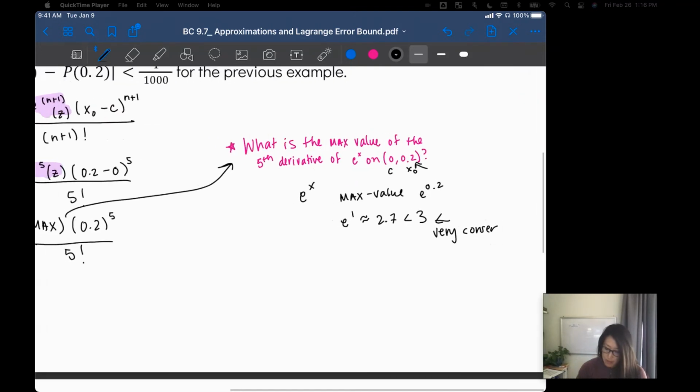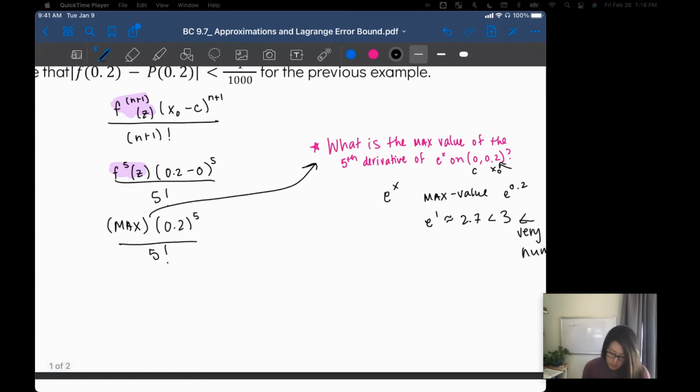We way overvalued our max value. Okay, so I'm going to plug in a 3 right here for the max value times 0.2 to the 5th, which is just 1/5 to the 5, over 5 factorial.